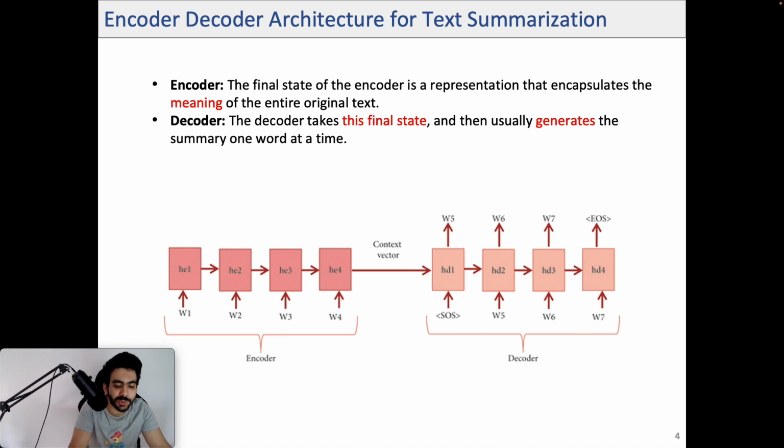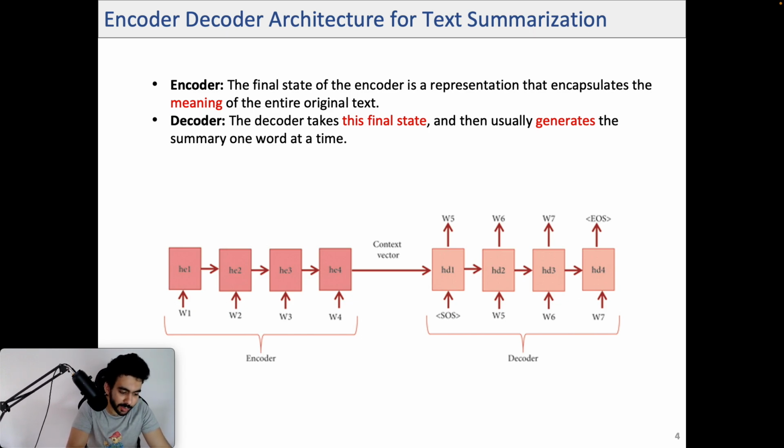If you go back to the human process of generating a summary, you need to understand first. And that's the job of the encoder. Then going to the decoder, this decoder takes this final state and then generates the summary, usually one word at a time.